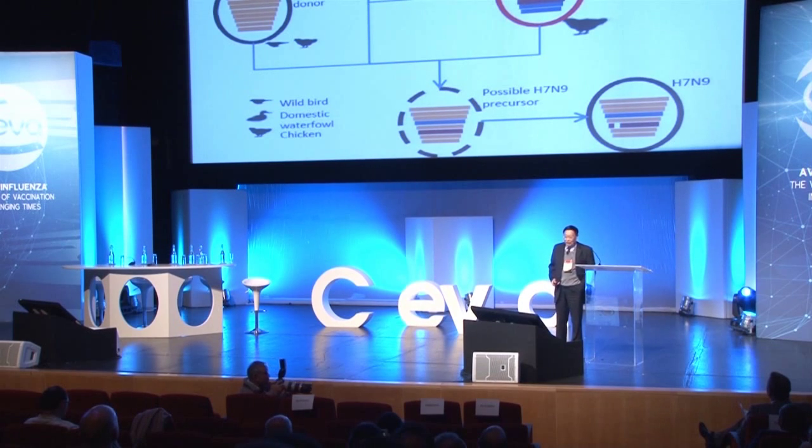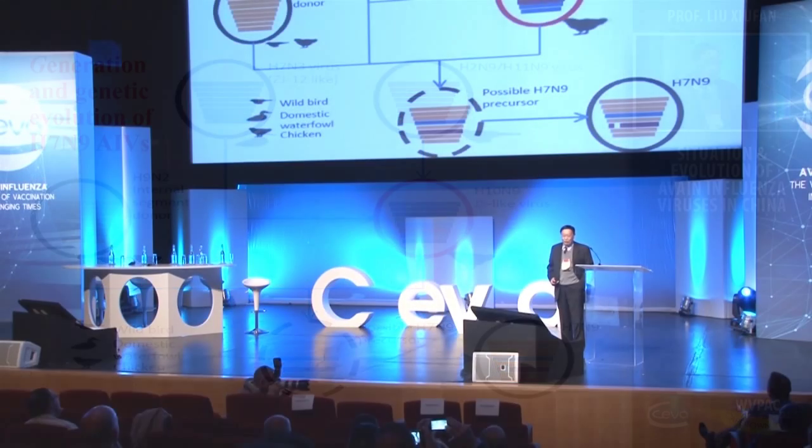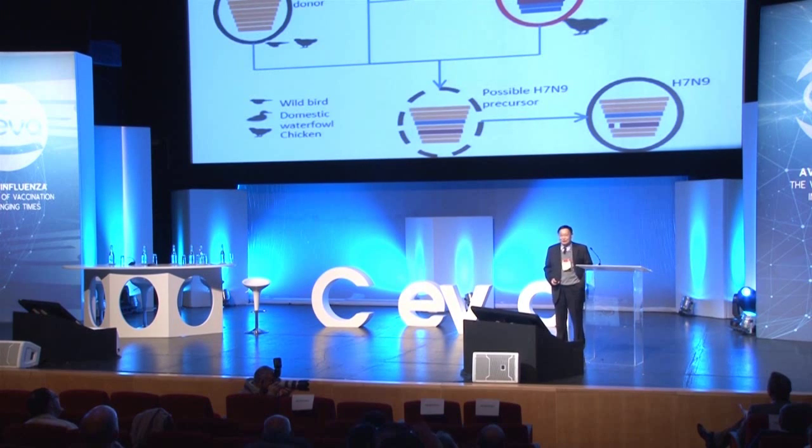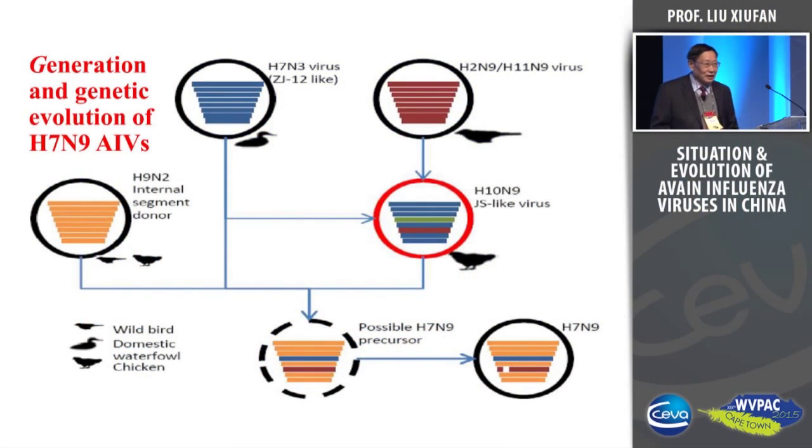The HA gene is from the H7N3 virus in domestic ducks, and the NA gene is from H10N9 circulating in chickens, and all six internal genes are from the overwhelmingly dominant H9N2 viruses. So this generates the novel H7N9 virus.